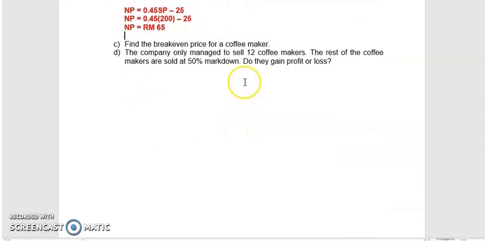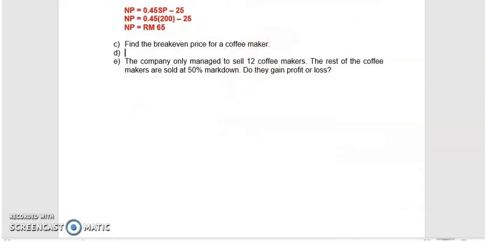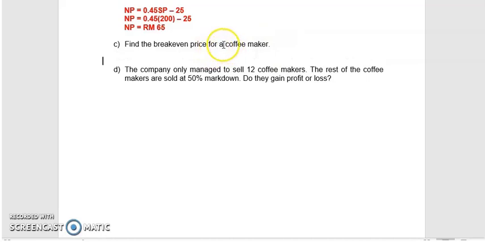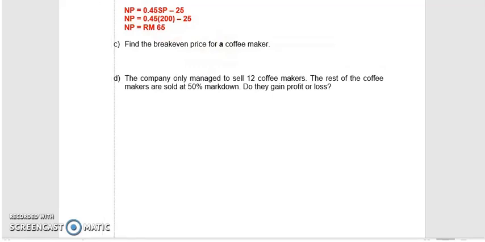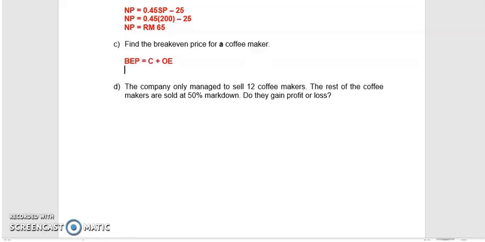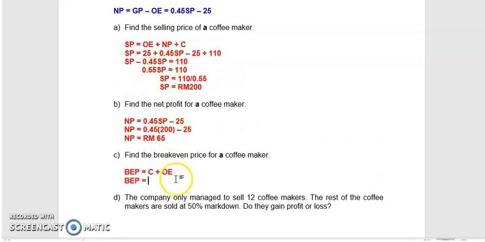Okay, now let's move to question C. Find the break-even price for a coffee maker again for 1 unit. So we know that break-even price is equivalent to cost plus OE. So cost just now is 110 ringgit.